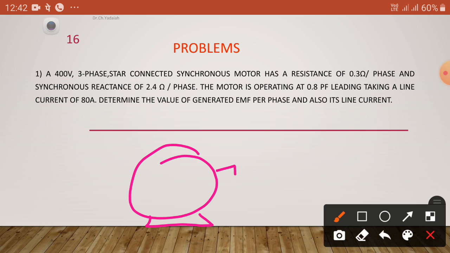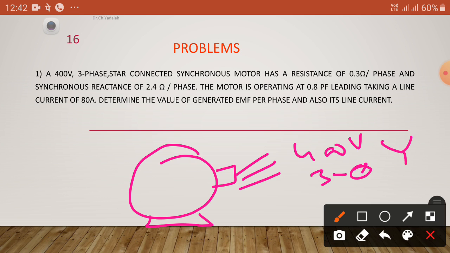A 3-phase supply, 400 volts, is given. It is connected in star. The synchronous motor has a resistance of 0.3 ohms per phase, and the synchronous impedance Zs is given as R plus jXs.